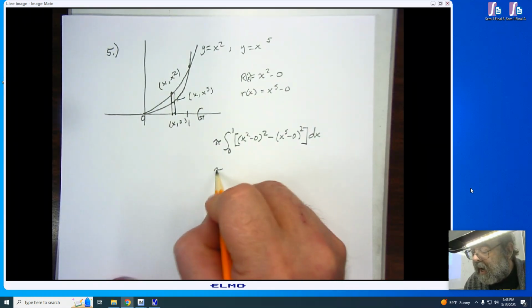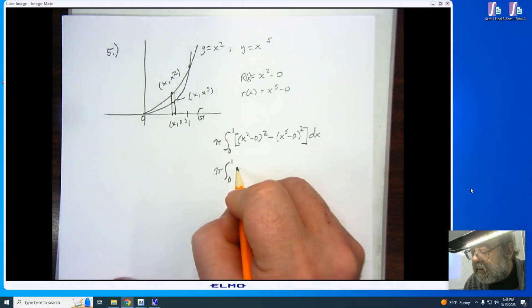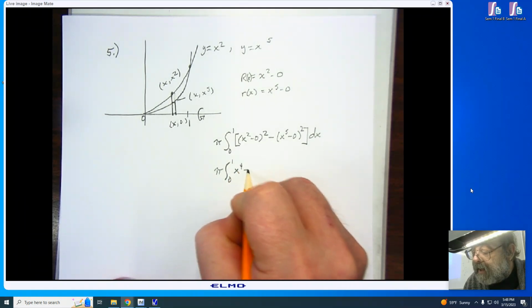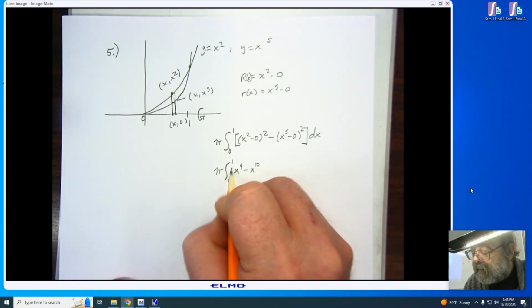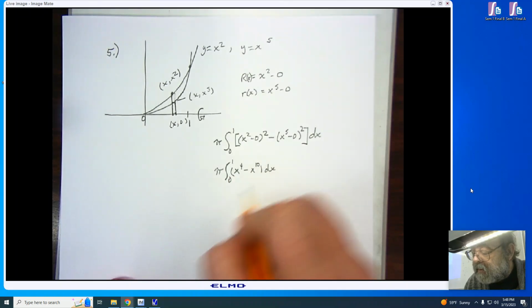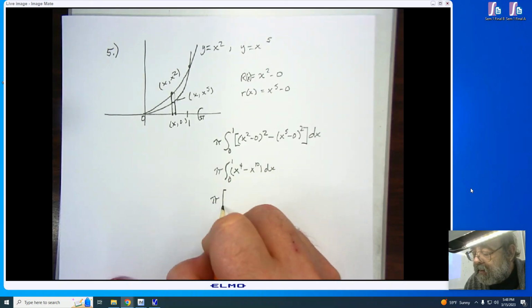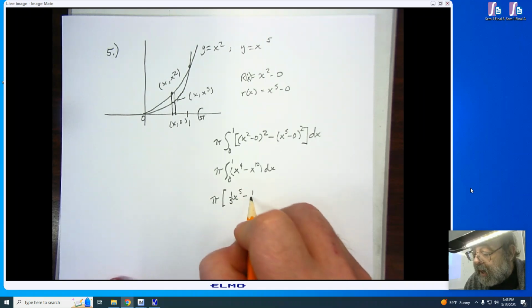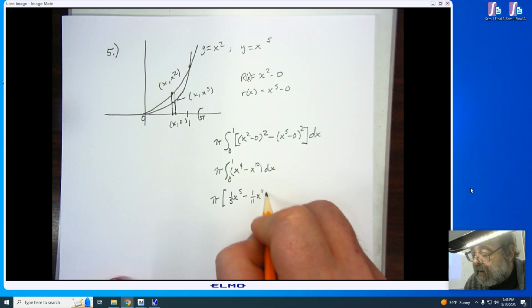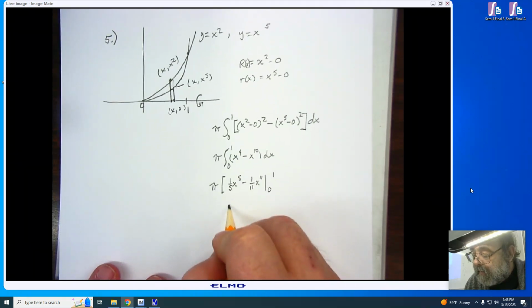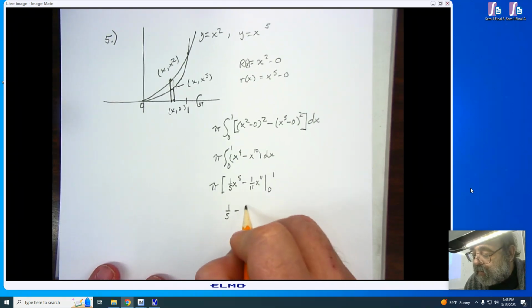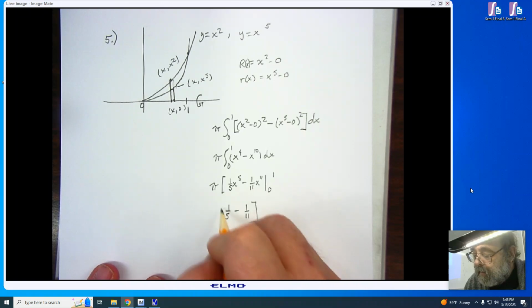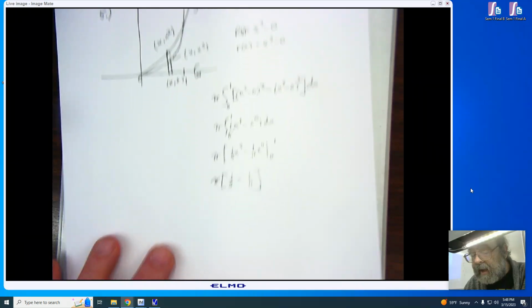This is giving me pi integration 0 to 1 for x to the 4th minus x to the 10th dx. When I integrate, I get 1/5 x to the 5th minus 1/11 x to the 11th from 0 to 1. That's 1/5 minus 1/11 multiplied by pi.